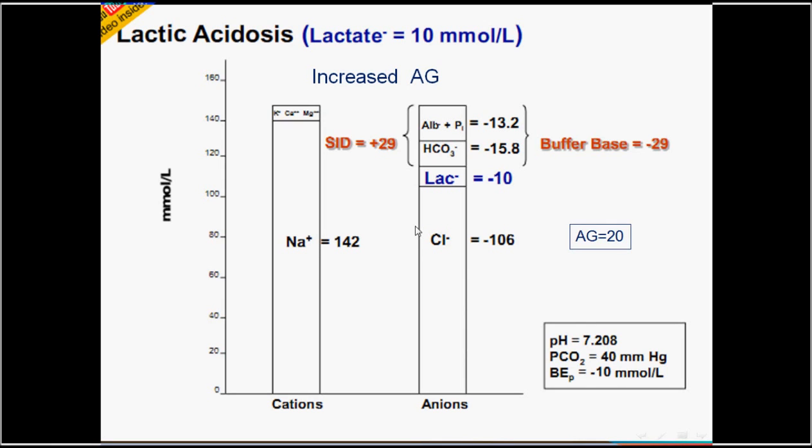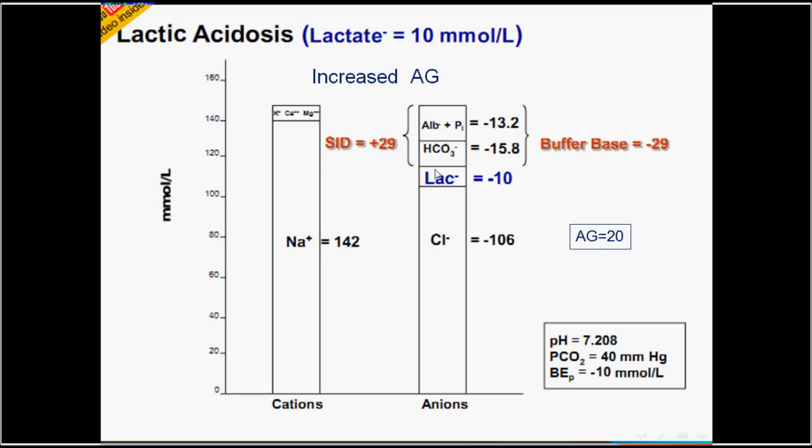Now look at this, this is a high anion gap. What's my high anion gap? Instead of being 12, it is 20. This means that the bicarbonate itself decreases, and this decrease is due to the addition of some other acids to neutralize part of the bicarbonate buffer, like lactic acidosis, ketoacidosis in the case of diabetic ketoacidosis, or strong acids like in cases of renal failure.